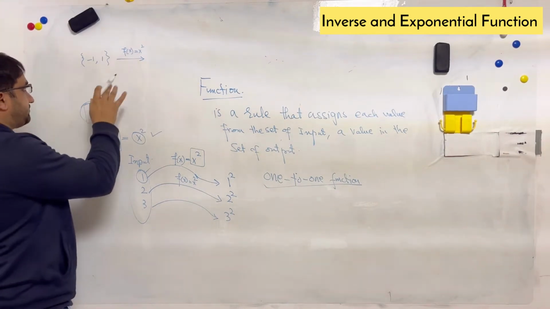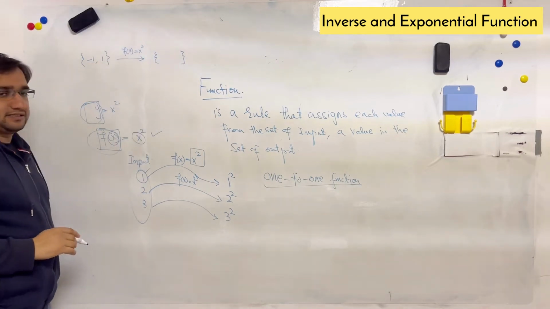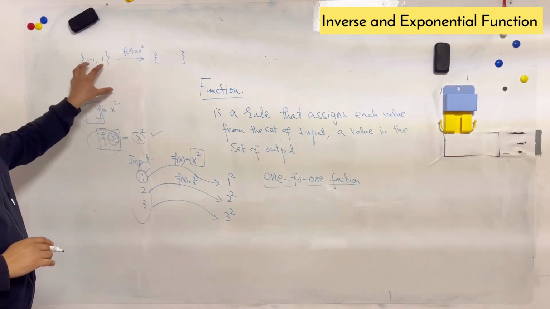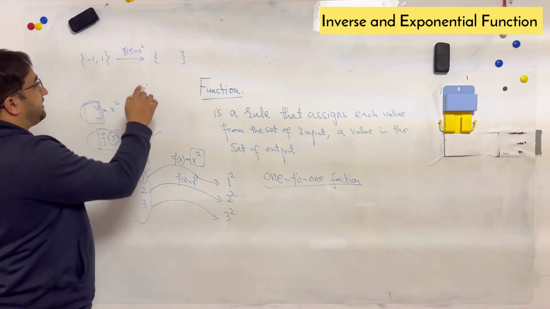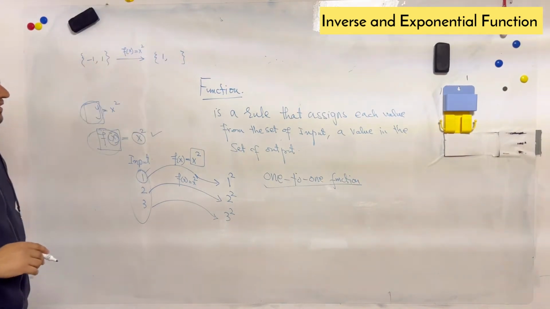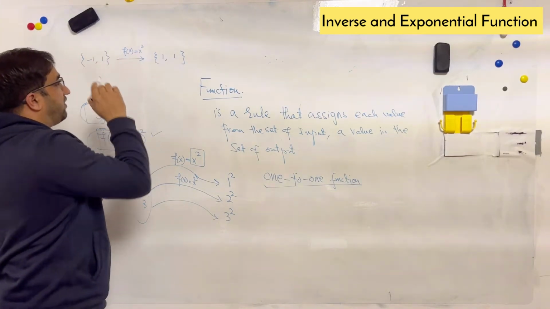Now the job says that I have to get some output for these inputs. When I put -1 into the function, I will get 1. When I put plus 1 into the function, I will get 1.